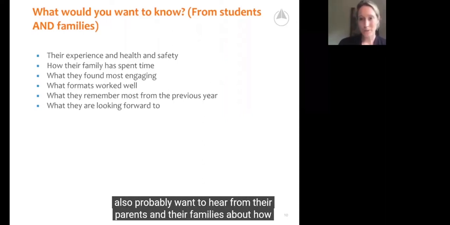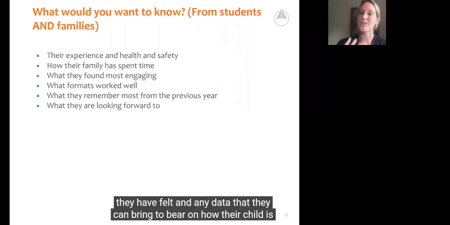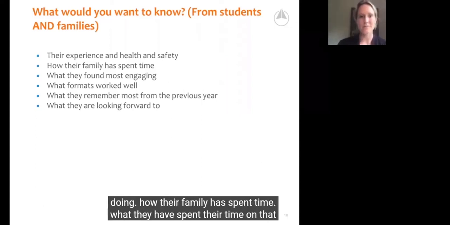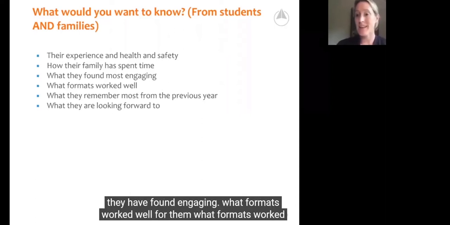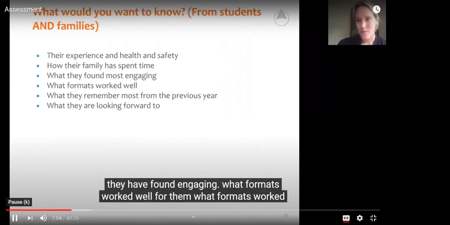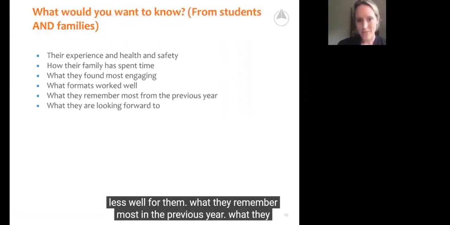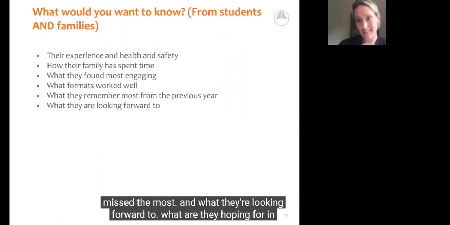We'd also probably want to hear from their parents and their families about how they have felt and any data that they can bring to bear on how their child is doing, how their family has spent time, what they have spent their time on that they have found engaging, what formats worked well for them, what formats worked less well for them, what they remember most from the previous year, what they missed the most, and what they're looking forward to.